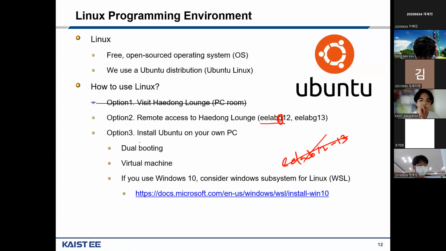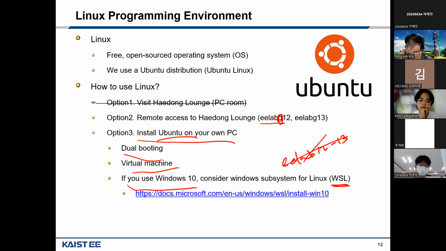Anyway, option 3 is installing Ubuntu on your own PC, and you can compile on your own PC. Installing Ubuntu on your own PC can be dual booting along with your Windows, or you can use virtual machines like VMware, or if you're using Windows 10, you can use Windows Subsystem for Linux, WSL.